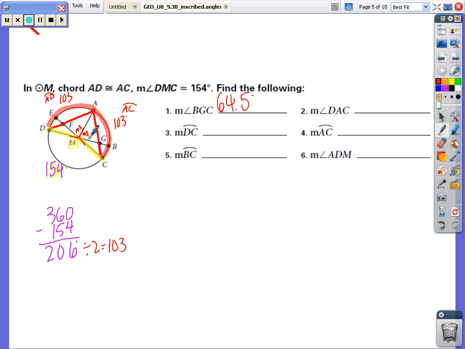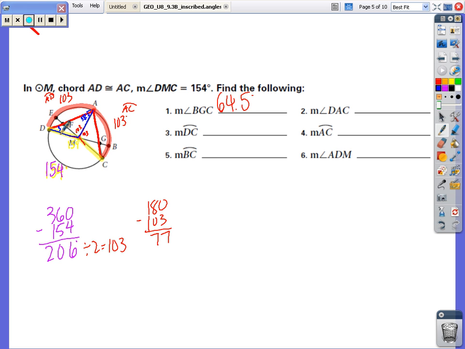Okay? So I know that 180 degrees minus 103 gives me 77 degrees. And if I split that in two, I know that this angle over here, because this is an isosceles triangle right here, this one is 38.5.